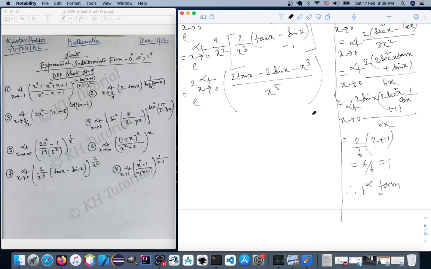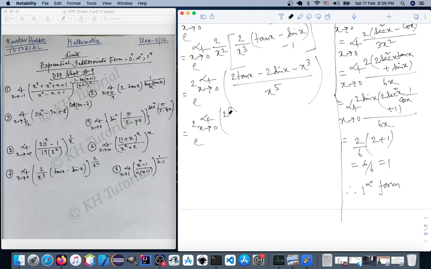So it will be much easier and faster if we use the expansion formula of tan x and sin x.